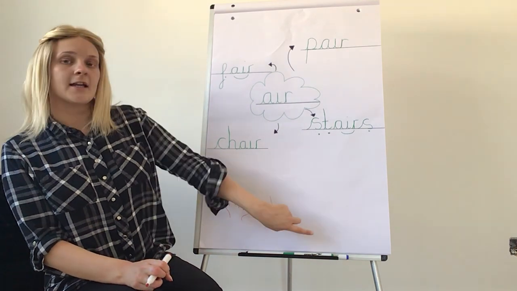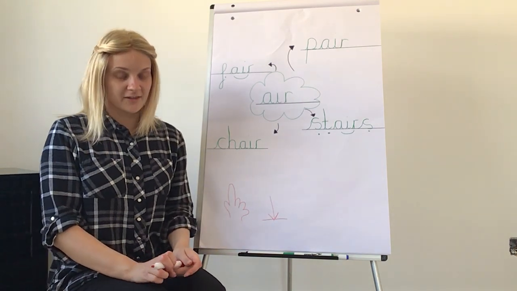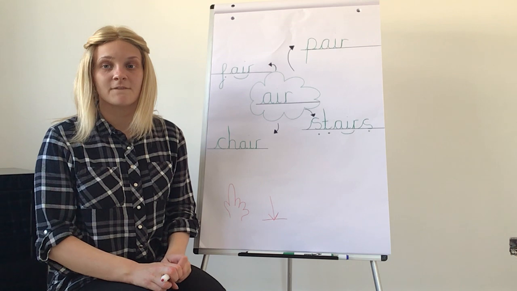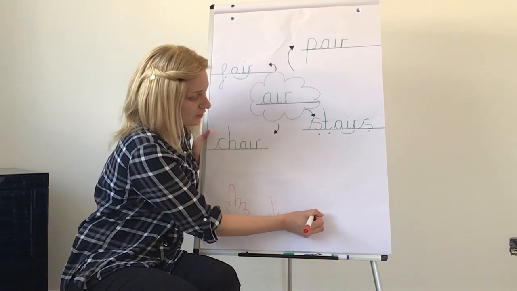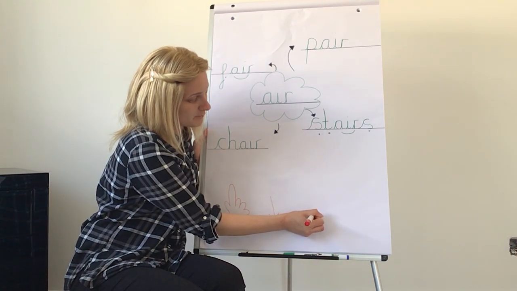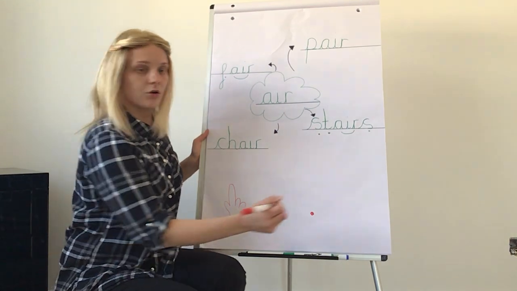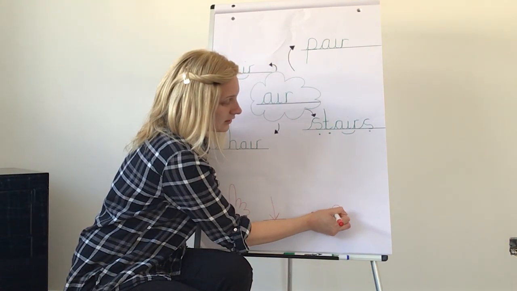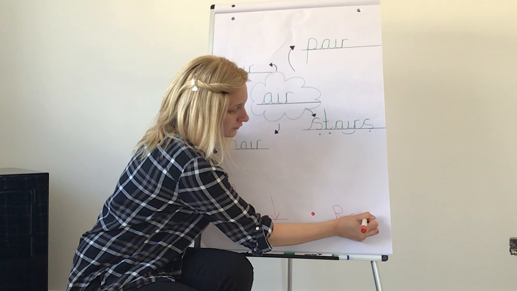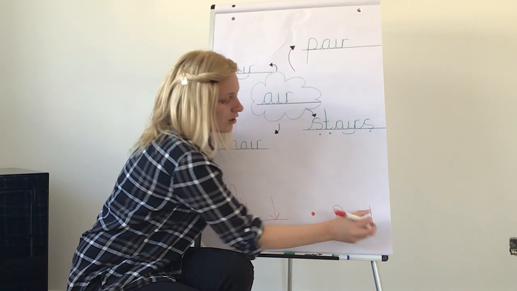We need two more things. What are the two things? At the end of the sentence, we put a full stop. So can we make sure we're putting full stops? And last of all, I'm going to put this on. It says read.